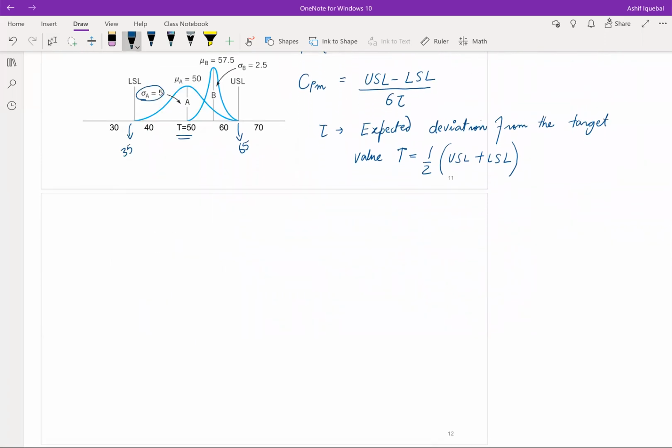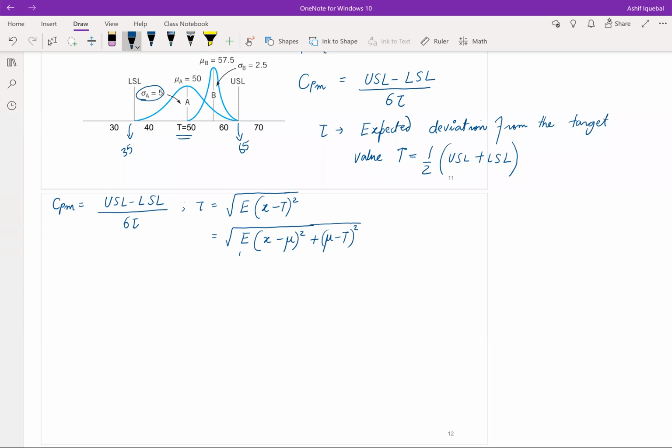Now let's try to write down the formula of CPM. CPM is given as USL minus LSL divided by 6 tau, where tau is given as the square root of the expected value of, it's the expected deviation from the target value, right? So it's the expectation of (x minus T) whole square, all right? We can do some simple algebraic simplification here, which will give us expected value of (x minus mu) whole square plus (mu minus T) whole square.